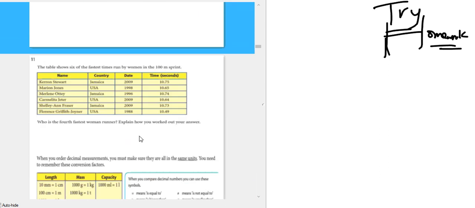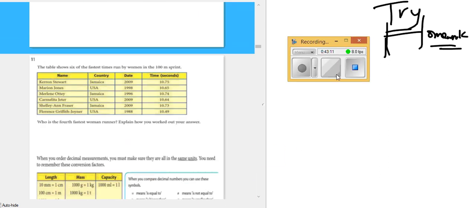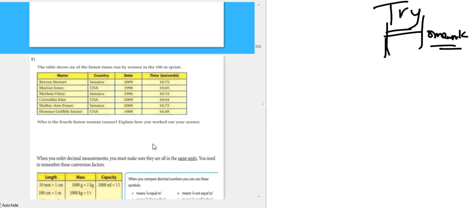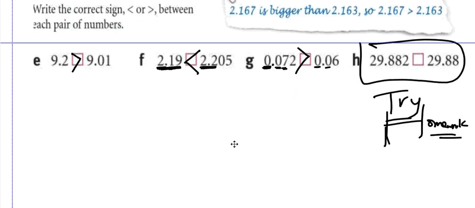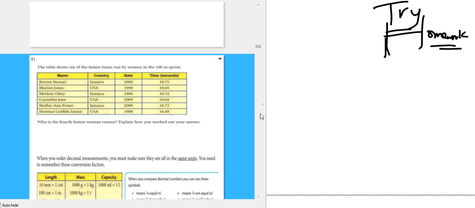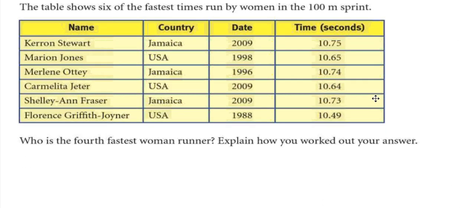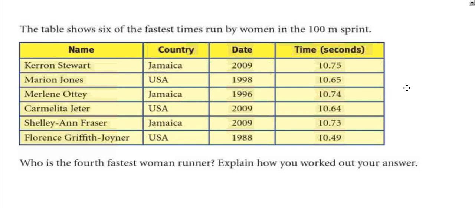Okay, here we go. Let me check how many minutes have gone. 43 minutes, no problem. Okay, this one here, we are still in ordering. We are still ordering decimals. Here we have a table with some information. Now let us go through this table.